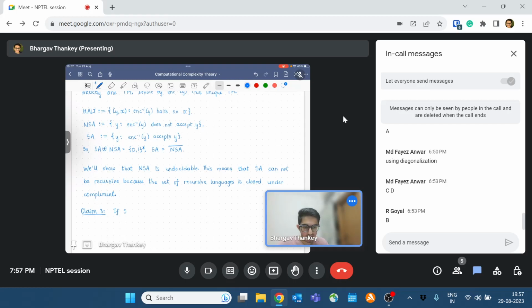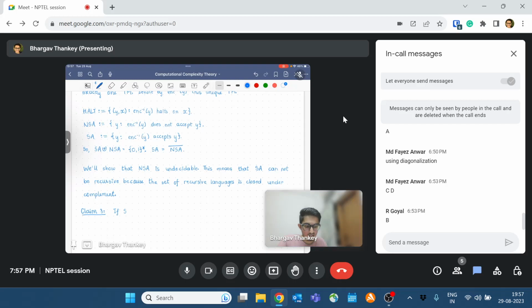Given a string y, I will feed y to M, check if it accepts. If it accepts, I'm going to just flip it. So basically, if you have a deterministic Turing machine deciding a language, you can use that to construct a deterministic Turing machine deciding the complement of that language, right?